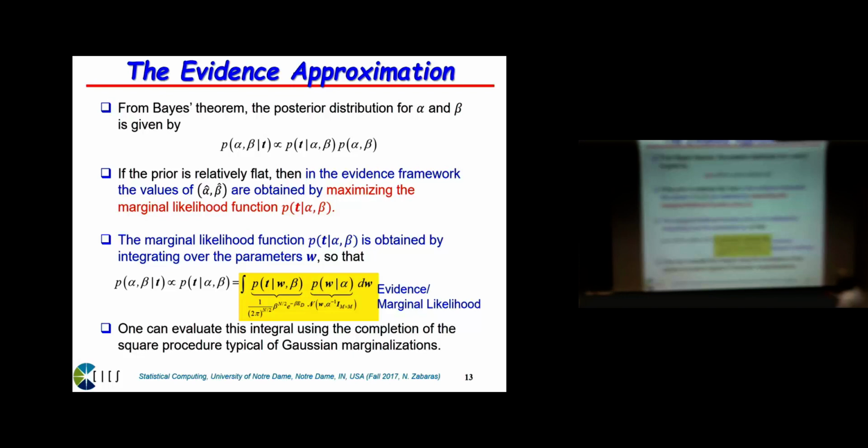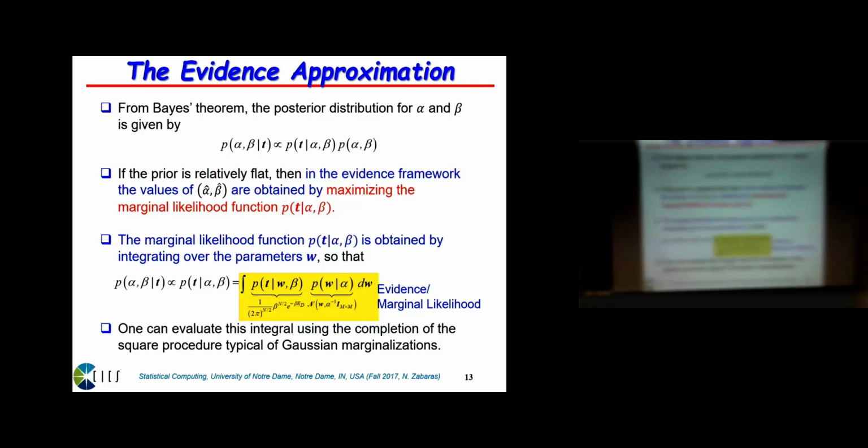And the answer here is the ones that maximize the posteriors of alpha and beta. This is the marginal likelihood times the prior, and if the prior is uniform, maximizing this is the same as maximizing that. And how do you compute this now? Obviously, because there's no W, somehow you need to bring W back in the picture, because a likelihood without W, you cannot write it down. All right?